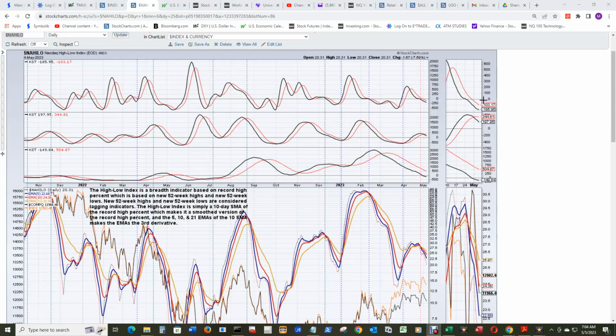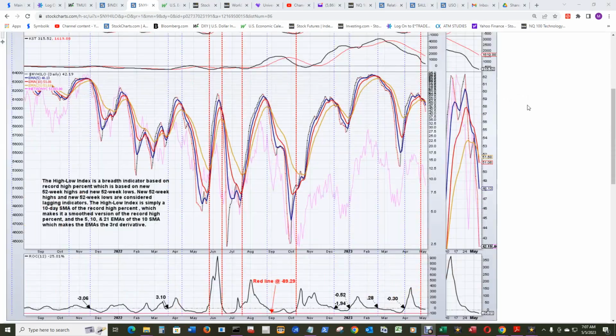And all KSTs are pointed down, short term, intermediate term. Maybe the long term is trying to pull back on the stick and plane out to go horizontal first before it heads up. And the New York high-low, NYHILO, looks like the red has just crossed under the 21 EMA in gold.